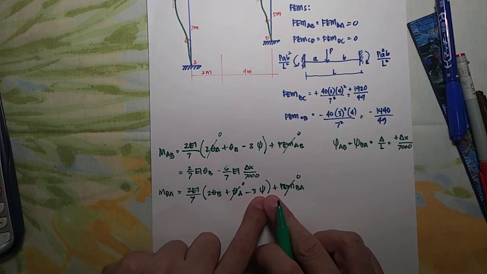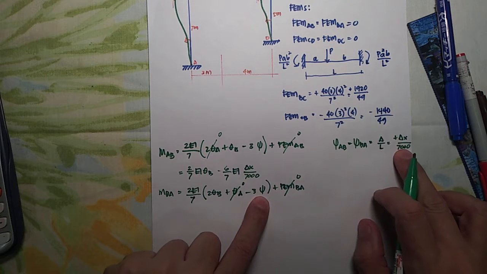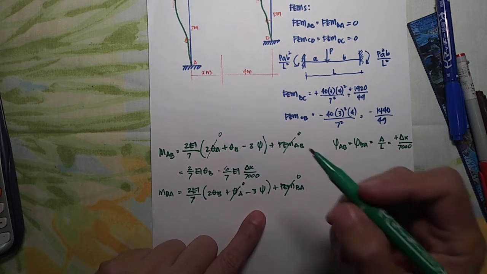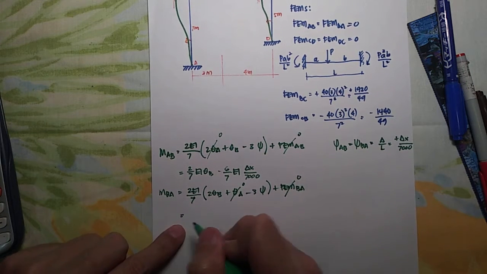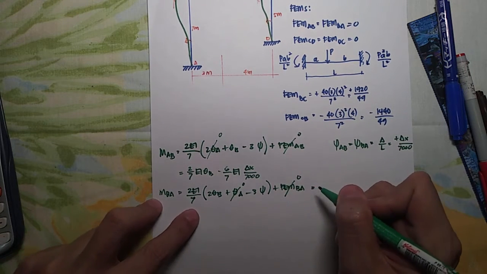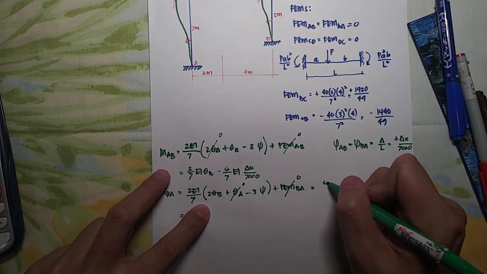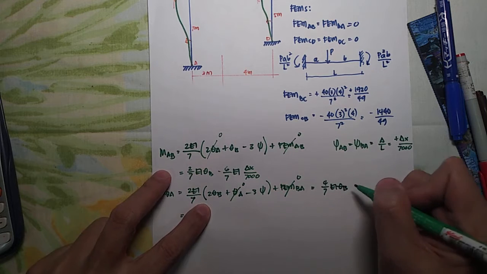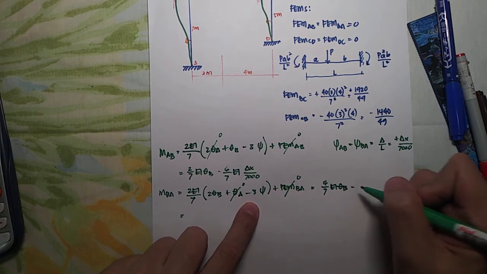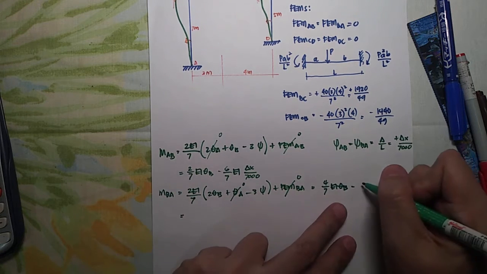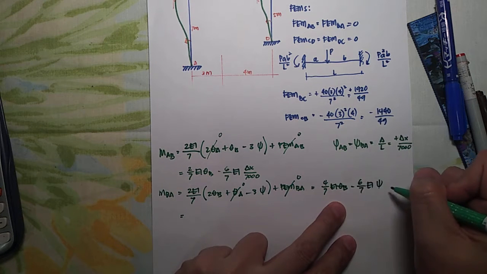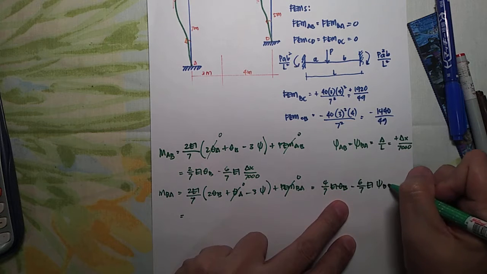And psi BA is also equal to delta x over 7,000. So this becomes 4 over 7 EI theta B minus 3 times 2 is 6 over 7 EI psi BA.